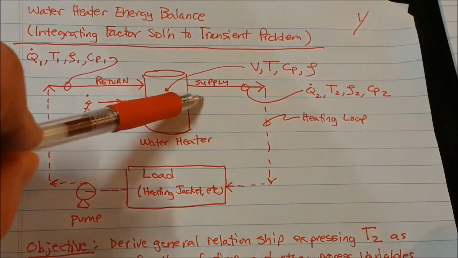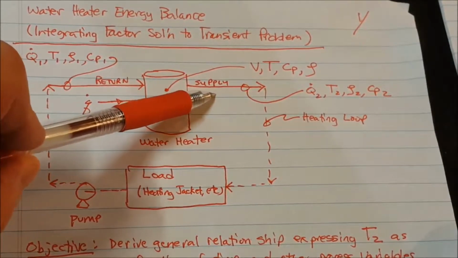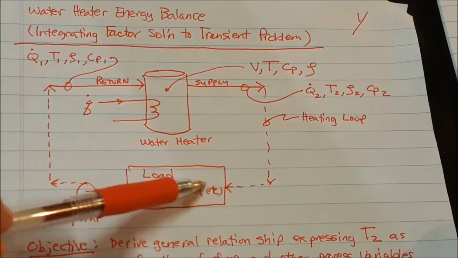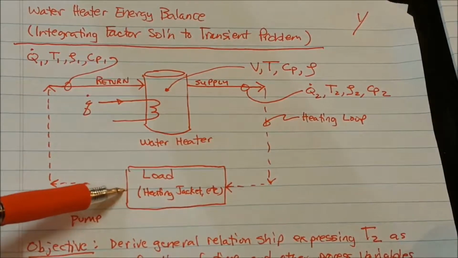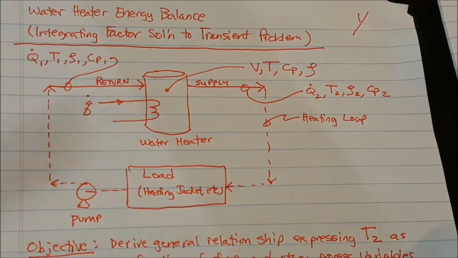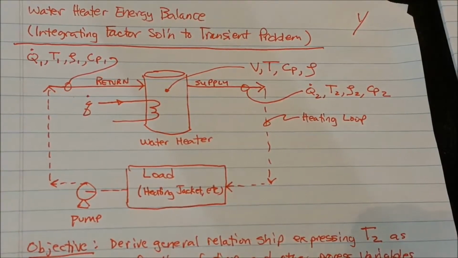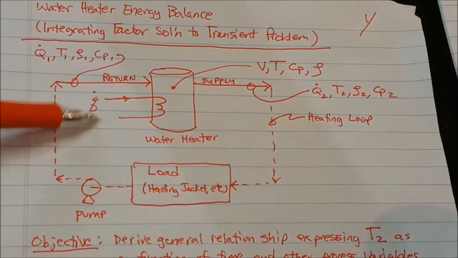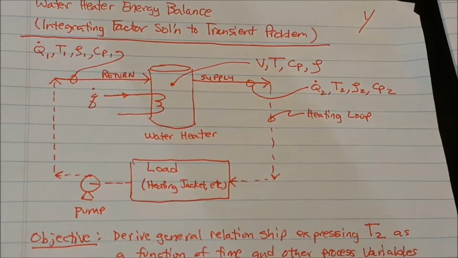So we supply heated water at a certain temperature. It gives up its heat to whatever the load is, and it is returned back to the water heater at a lower temperature. Okay, and then the heating coil provides the makeup heat to return the energy to the fluid. In this case, I'm assuming it's water. I'm calling it a water heater, but a lot of times they use other types of fluids for this too.